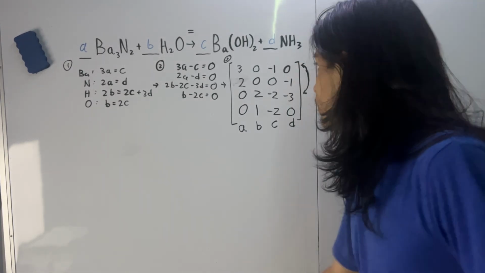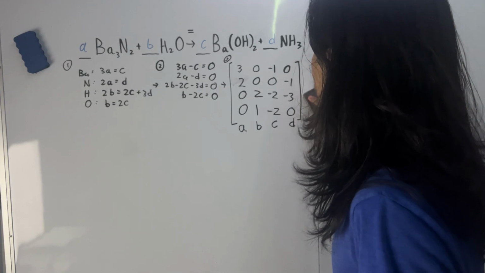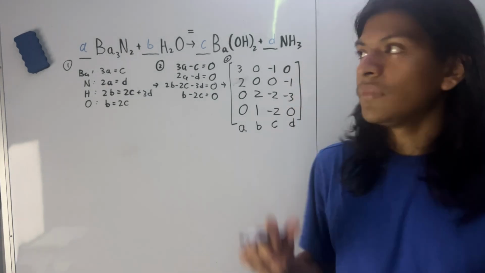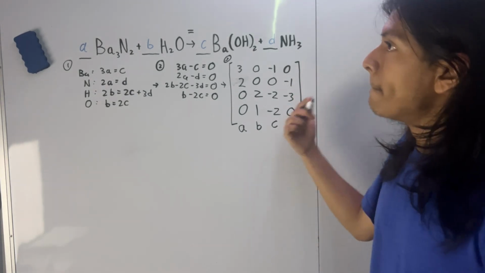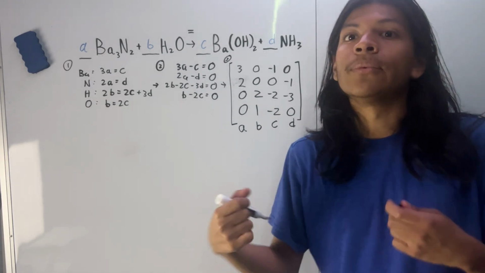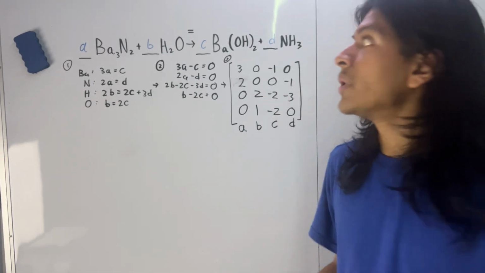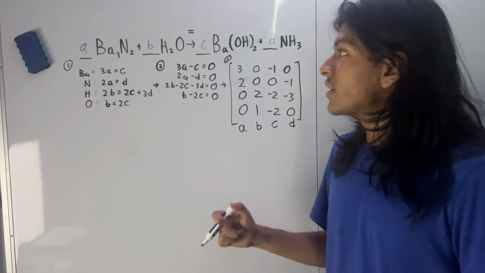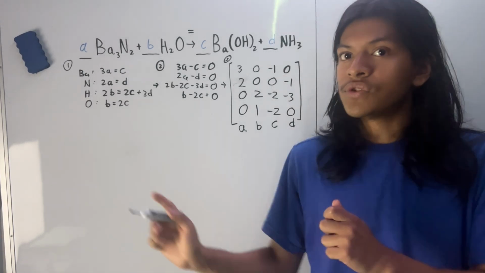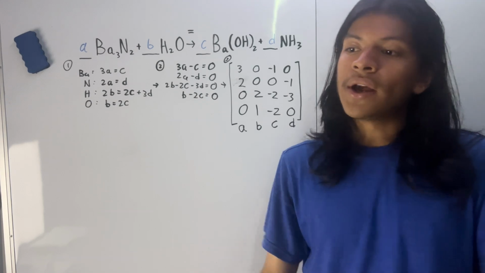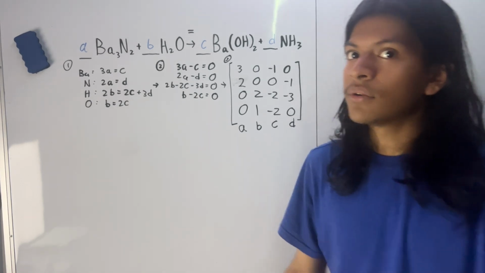And the reason why we do this is that we want to get this matrix into what is called a reduced row echelon form matrix. And I'm gonna cut over to what a reduced row echelon form matrix looks like real quick.